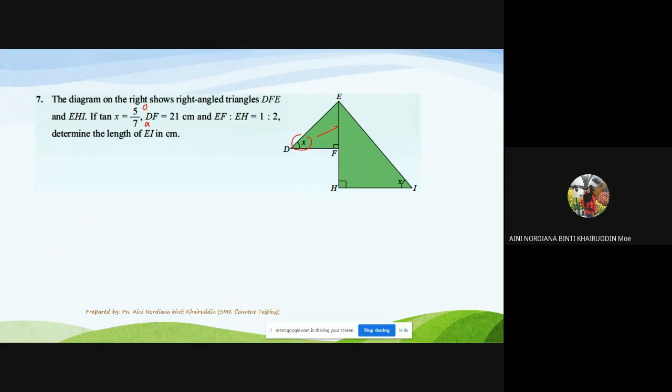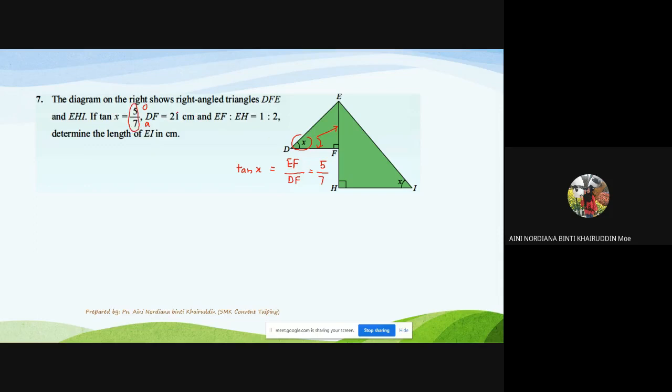This is opposite, this is adjacent. So tangent X equals EF over DF, equals 5 over 7 given in the question.